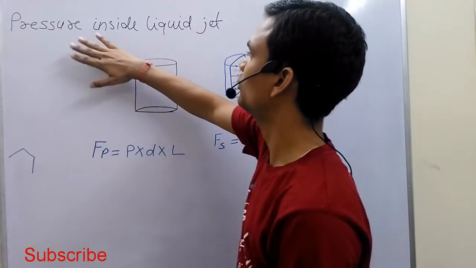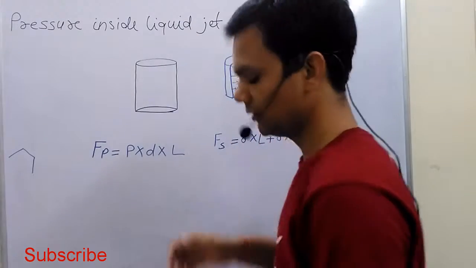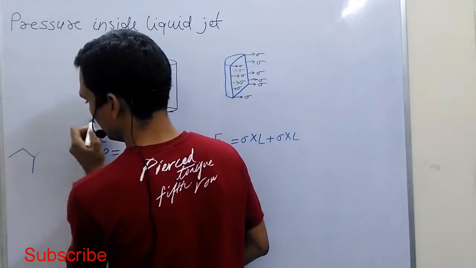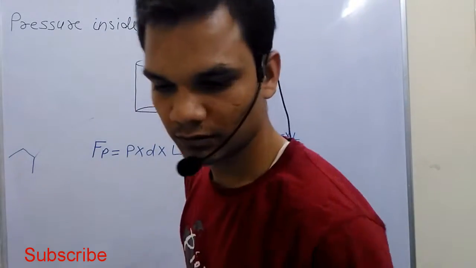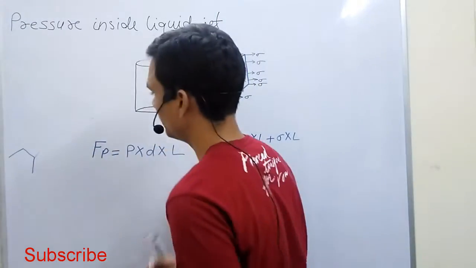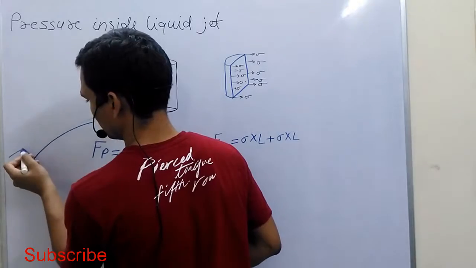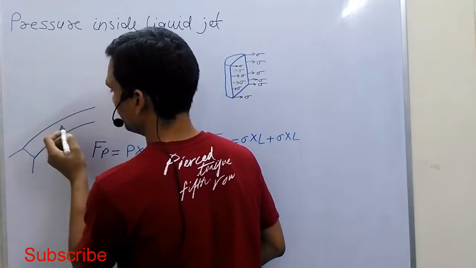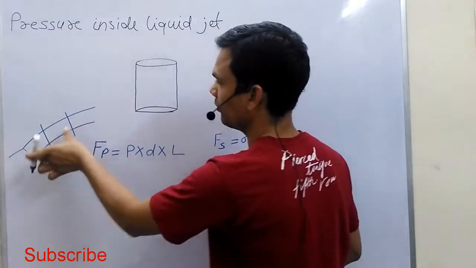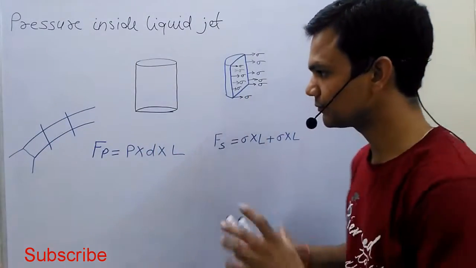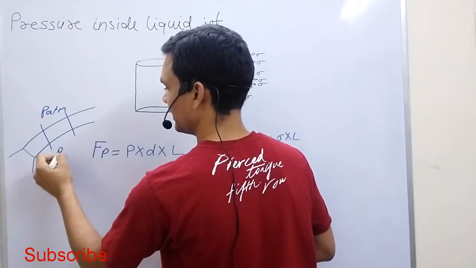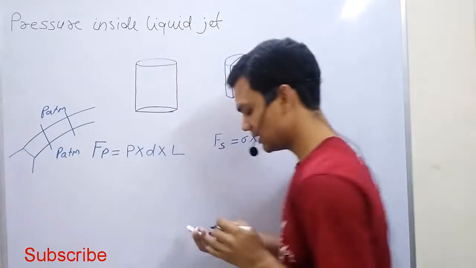Thank you. The other topic is pressure inside a liquid jet. For a liquid jet, suppose this is a liquid jet and it is coming out like this. So we cut this portion of the liquid jet and put it like this, so that atmospheric pressure is acting on this.